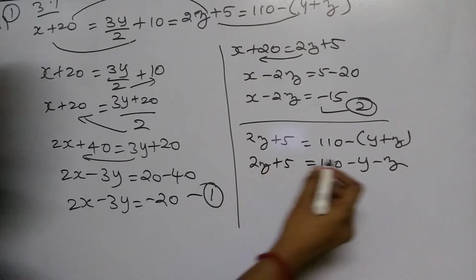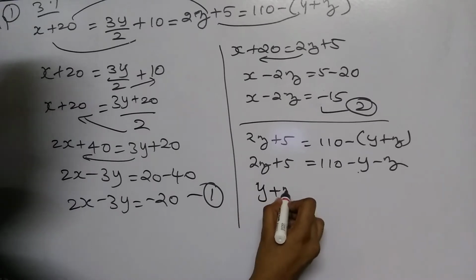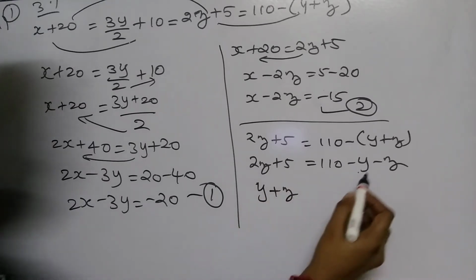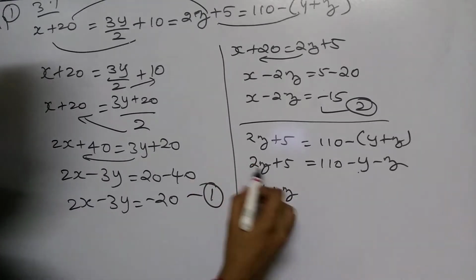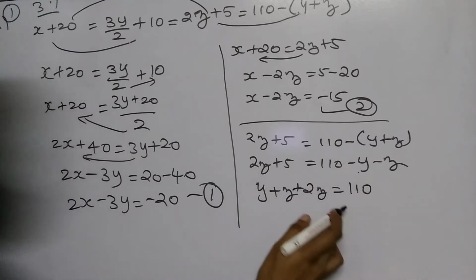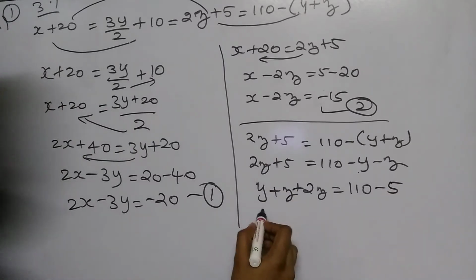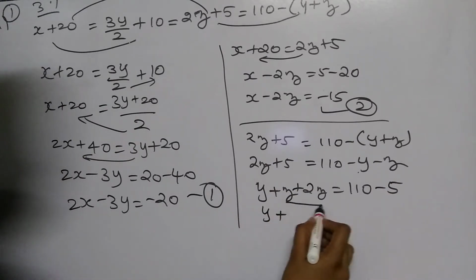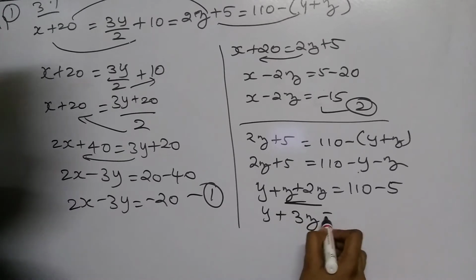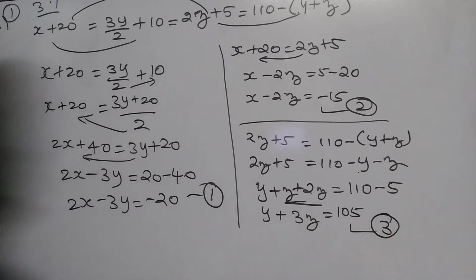Now club it one side. Y and z bring it to one side: minus y becomes plus y, minus z becomes plus z. Already you have 2z, that is equal to 110. Already on the other side you have 110. 5 take it to the other side, minus 5. Now the equation becomes y plus 1z and 2z, that becomes 3z equal to 110 minus 5. That is 105. This is your third equation.